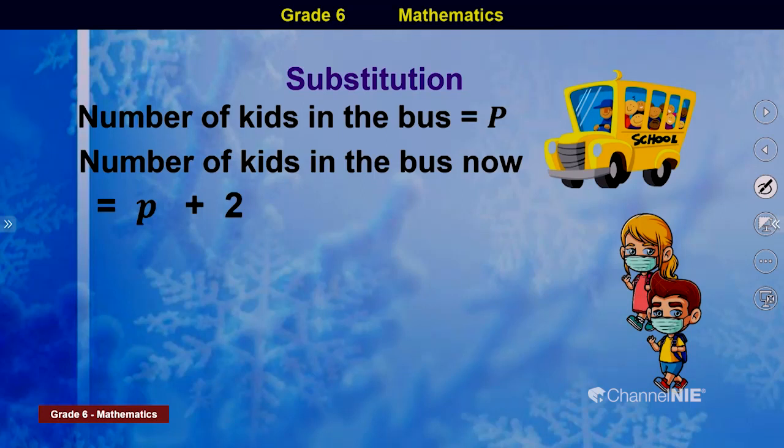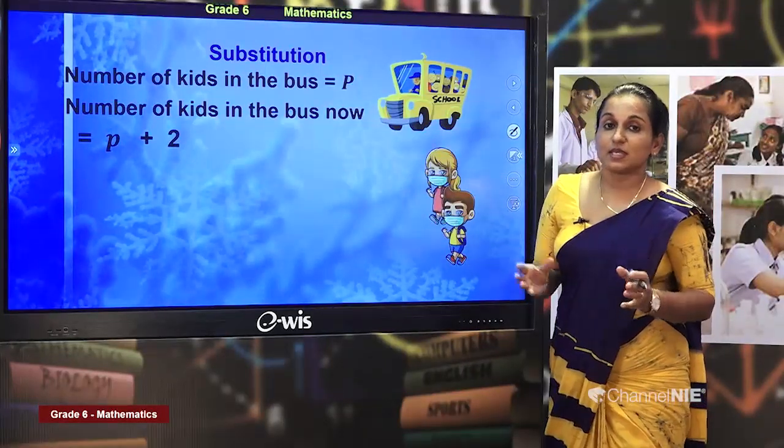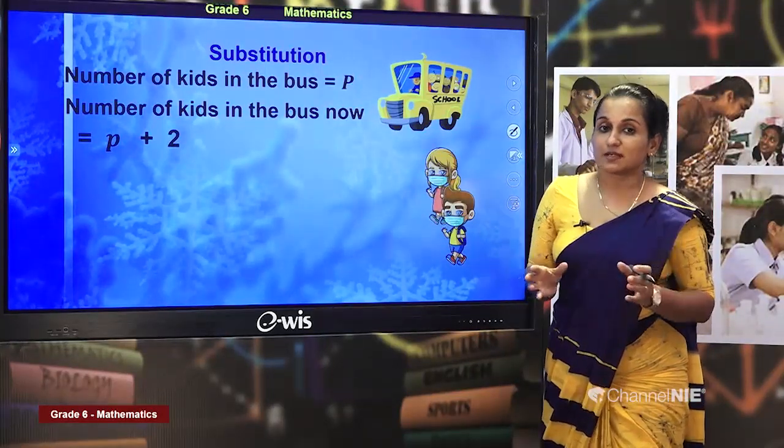After that, we wrote an algebraic expression for the number of kids in the bus after 2 kids got on as p plus 2. Then later, I found out that there were 10 kids in the bus. That means the value of p becomes 10.